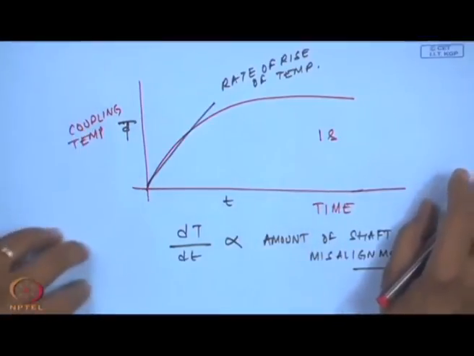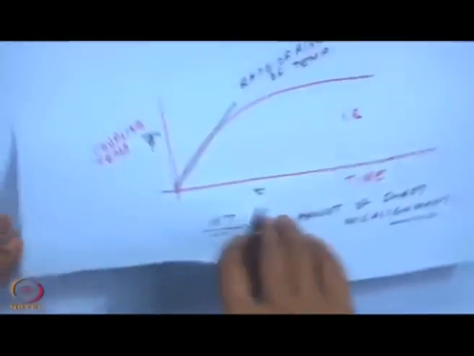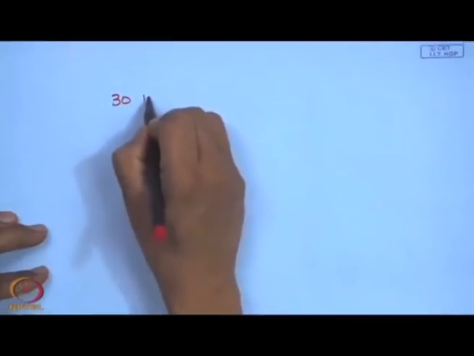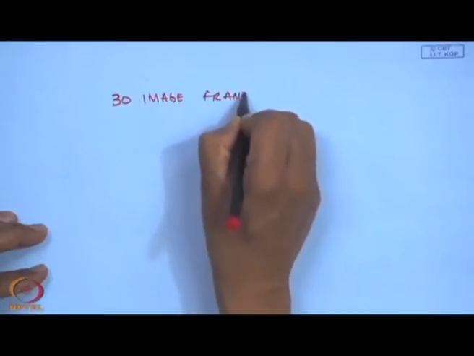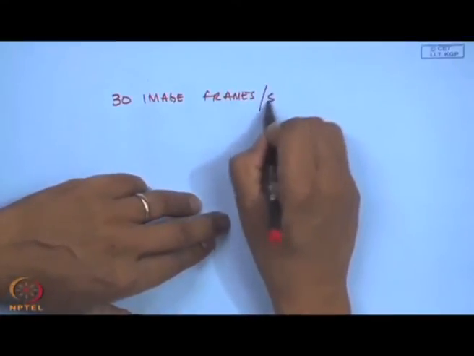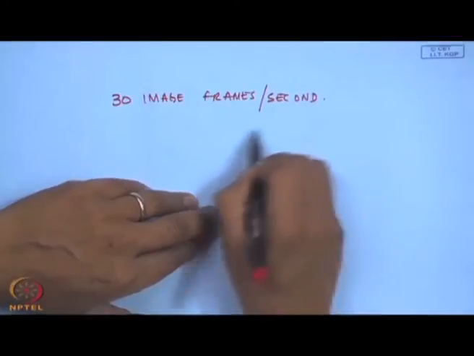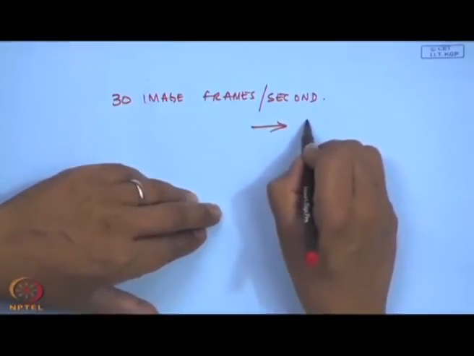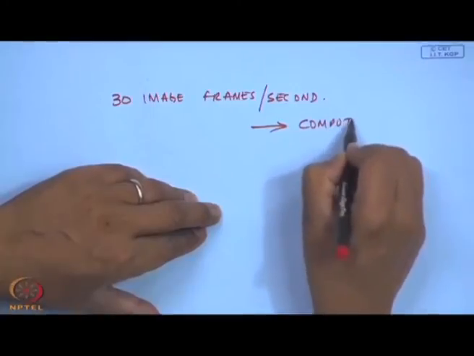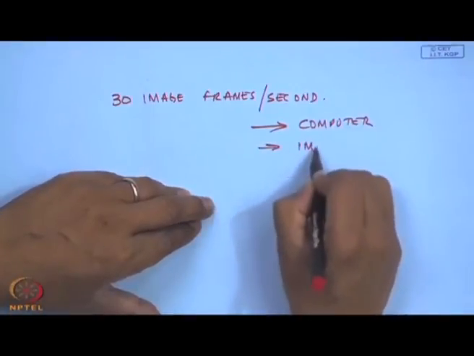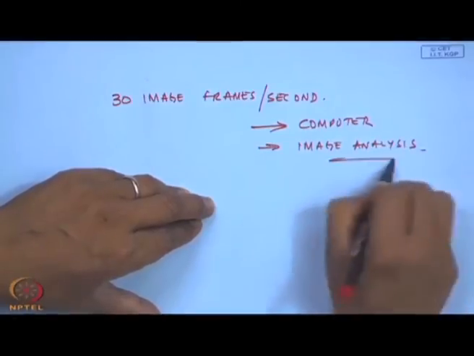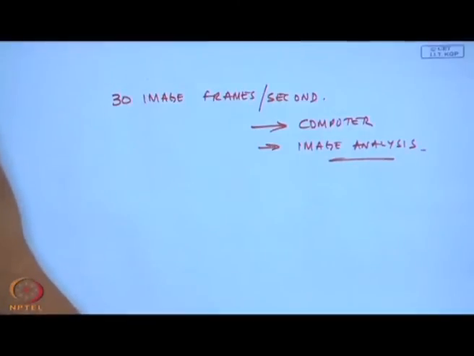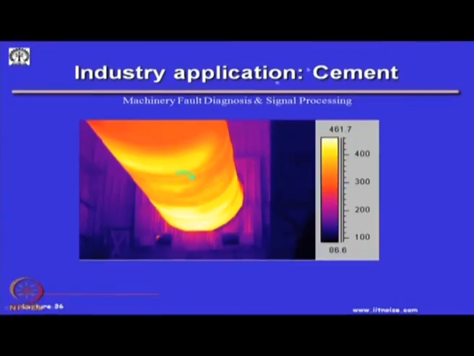These cameras also have the provision to capture image frames, depending on the format, maybe 30 image frames per second, and then store them to a computer, where you can do further image analysis.